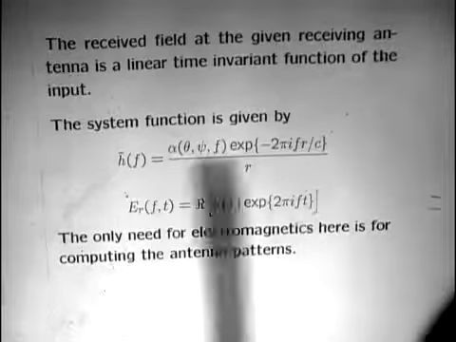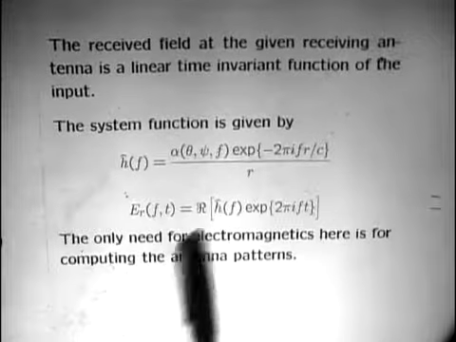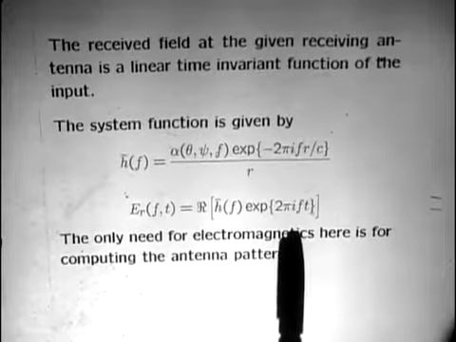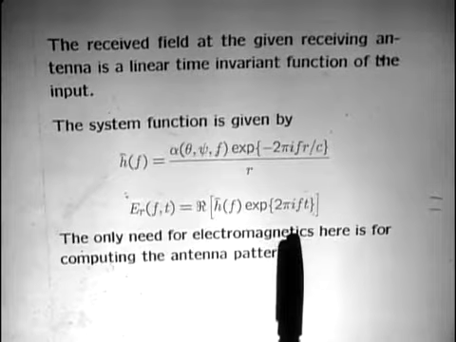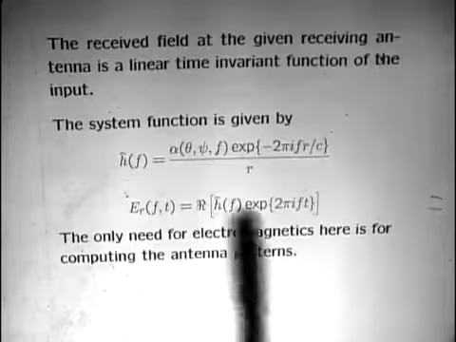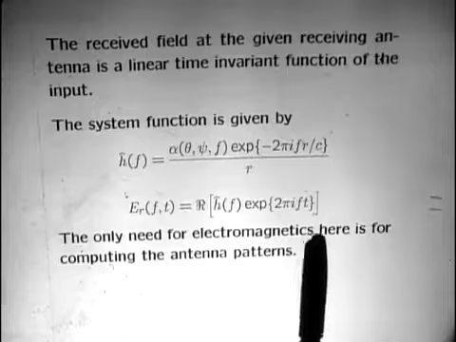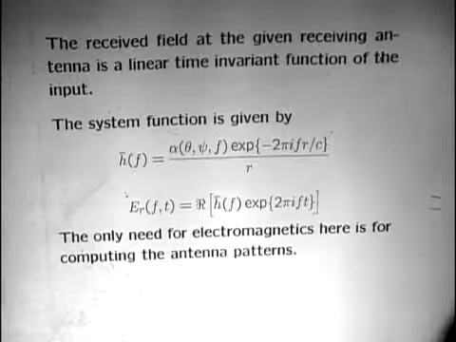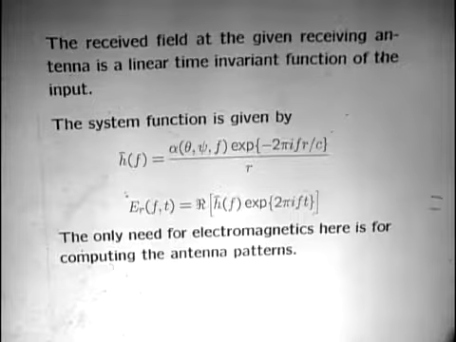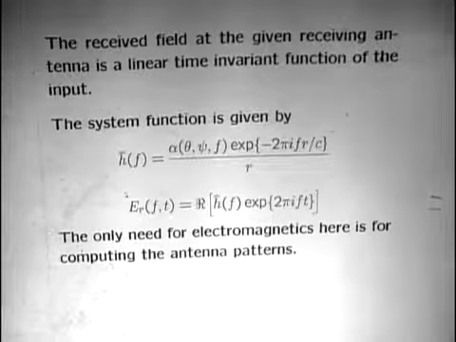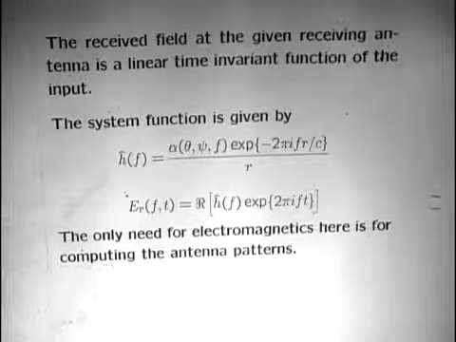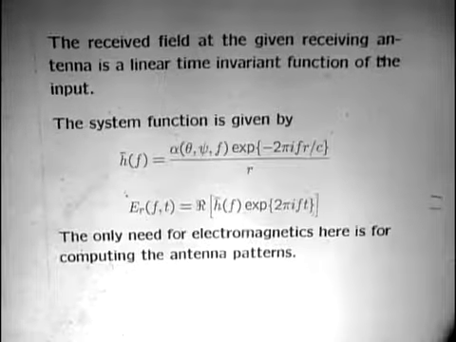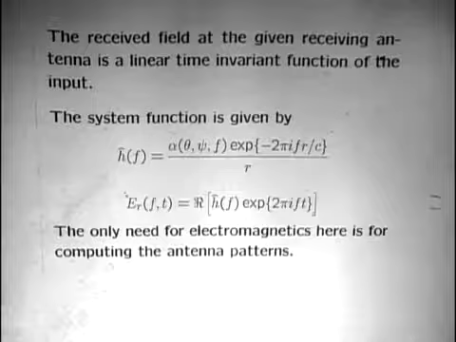So the received field is then the real part of the system function times what we already assumed that we were going to be transmitting, namely the real part of e to the 2 pi i ft. Okay, so at this point, all we're doing is taking into account the fact that this solution to Maxwell's equations is going to be linear, and therefore we can just add up what happens for each frequency of input.